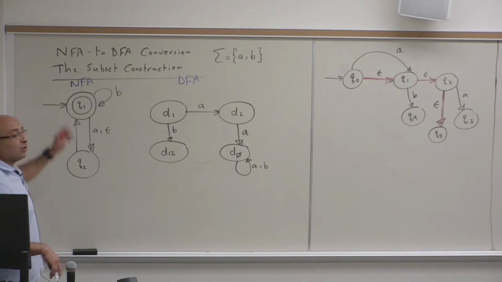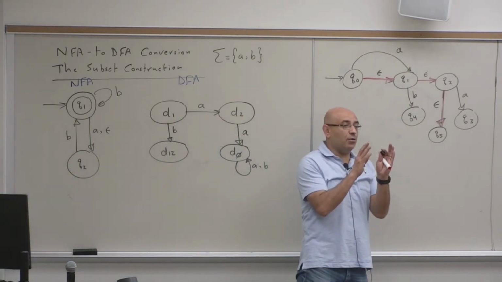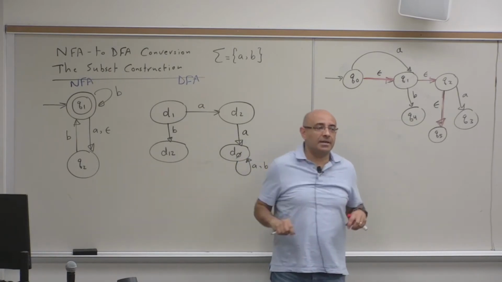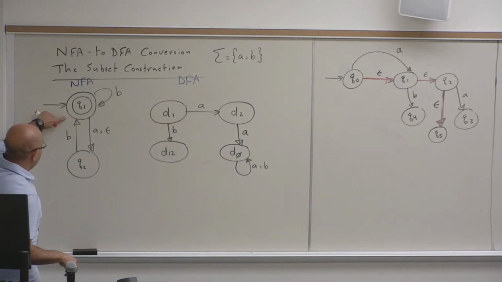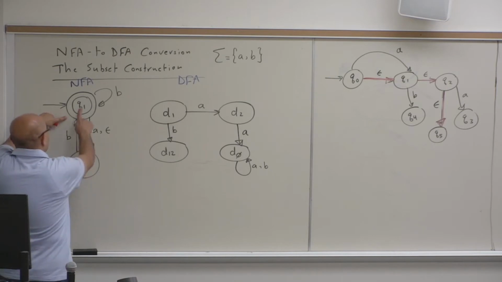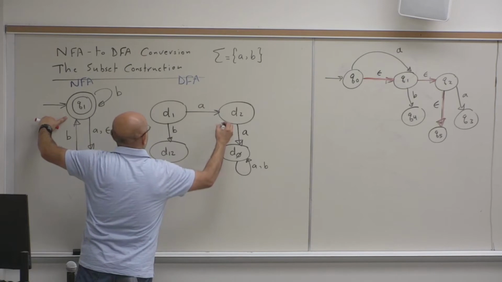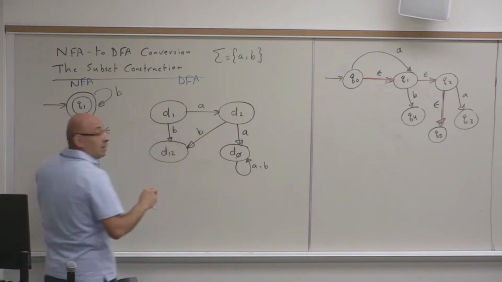That's why Q1 is going to disappear at the end. You'll never stay in Q1. So that's why you don't care about transitions out of this Q1. So if you are in Q2 and you get a B, you go to Q1, 2. Okay? Is everyone following this?